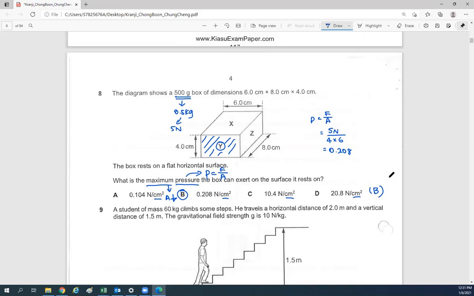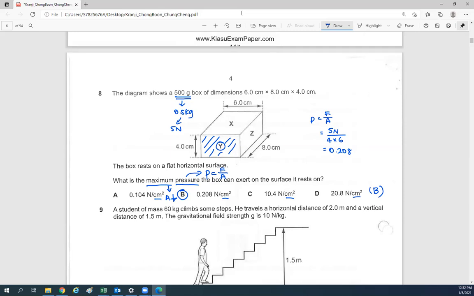Okay, I pause here for a while. Question 6, 7, 8. Any questions? See, for some reason I can't really see all of you, so I can't see whether you are raising your hands or anything.